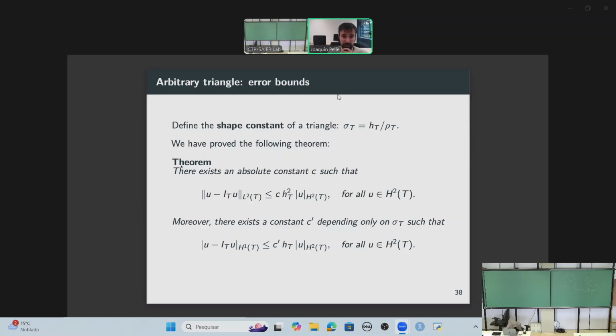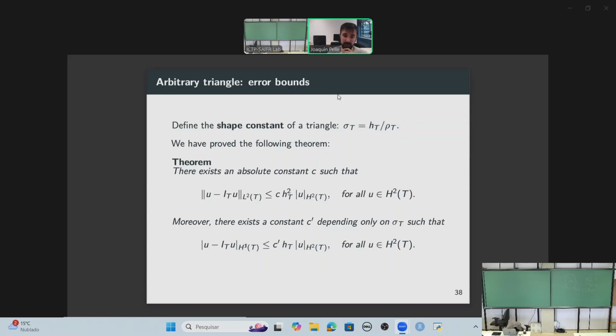Yeah, putting everything together, what we have proved is this theorem here, that there exists an absolute constant C such that the L2 norm of U minus its linear interpolant is bounded by this constant C times the square of the diameter of the triangle and times the H2 semi-norm of U. And on the other hand, we know that there is a constant C prime, but now that depends on this shape constant.